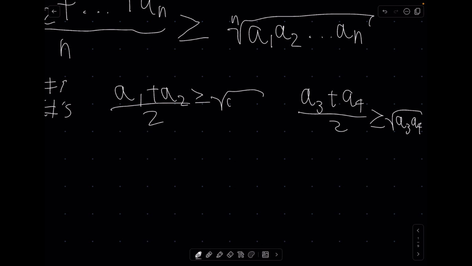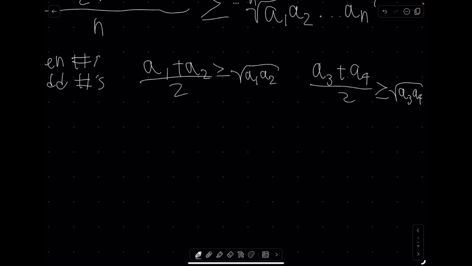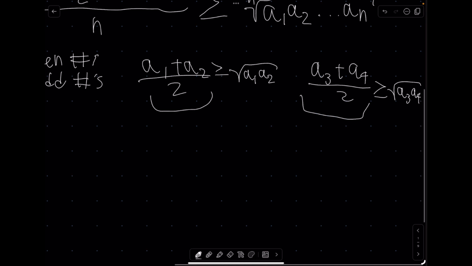So (a1 plus a2)/2 is greater than or equal to the square root of a1a2. Now we can actually take the mean of both of these sides, or more specifically, add up both of these inequalities and divide them by 2.